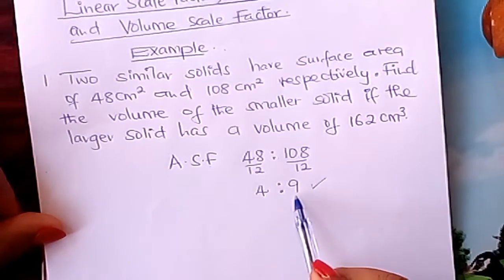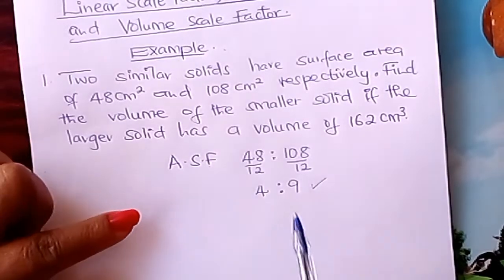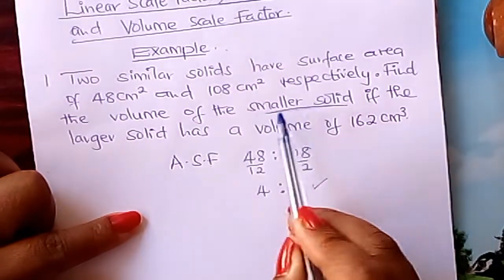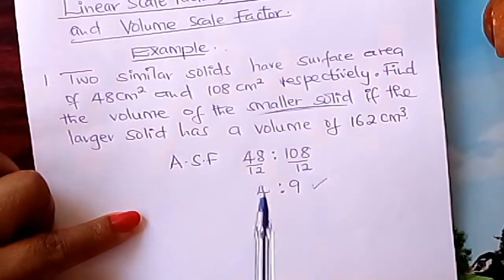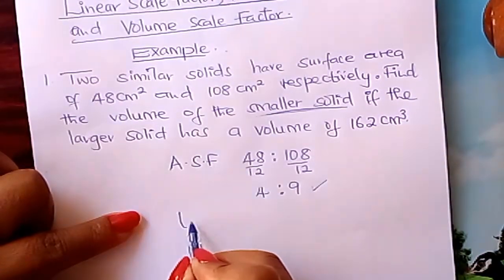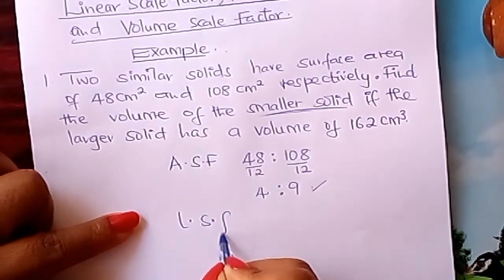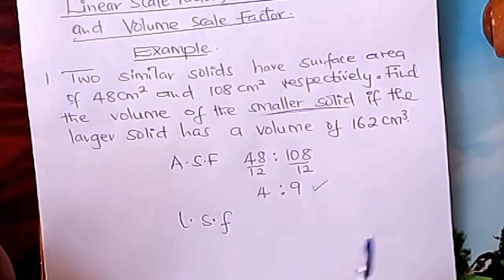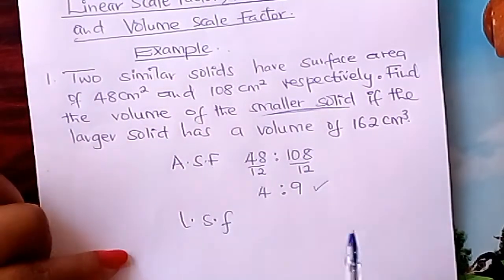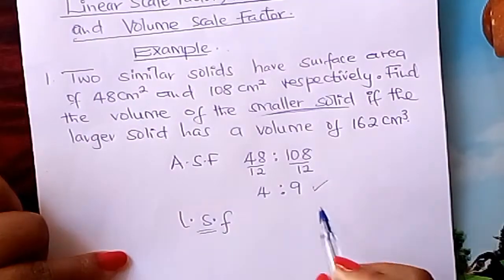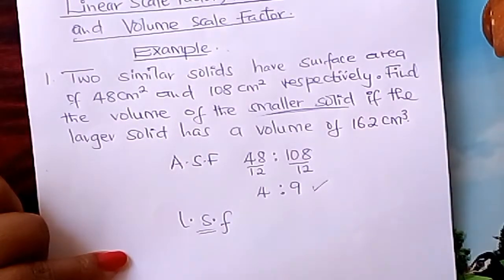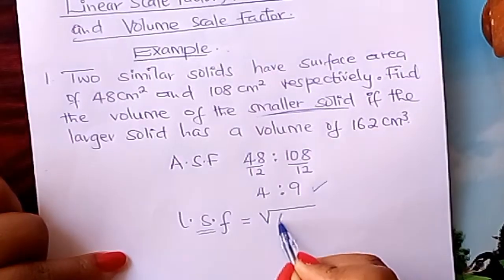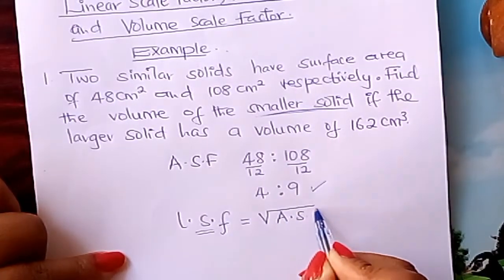From here, learner, we've been told to find the volume of the smaller solid. To do that, you first find the linear scale factor, LSF, the ratio of the corresponding sides. How do you get this when you have the area scale factor? You find the square root of the area scale factor.